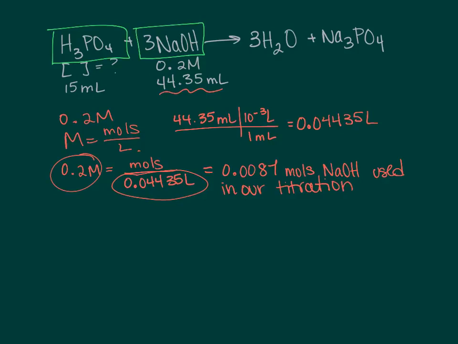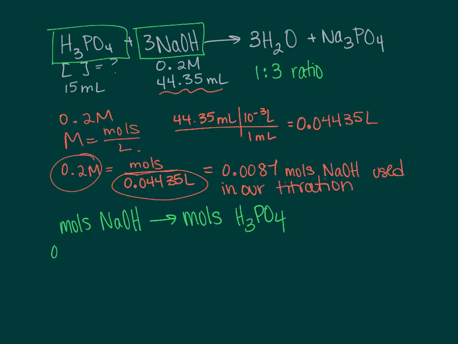We know that this is going to be a 1:3 ratio due to the coefficients we have in front of the compounds. So, because all of our acid has reacted, we can convert moles of NaOH, which reacted with all of the acid, to moles of phosphoric acid.